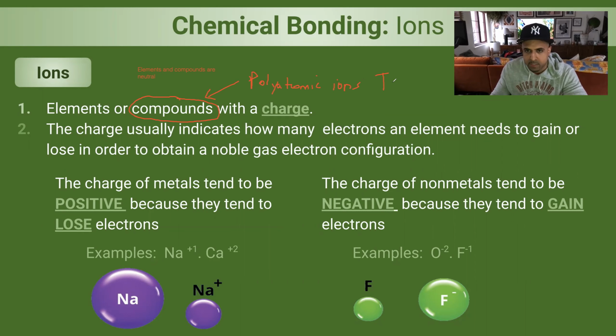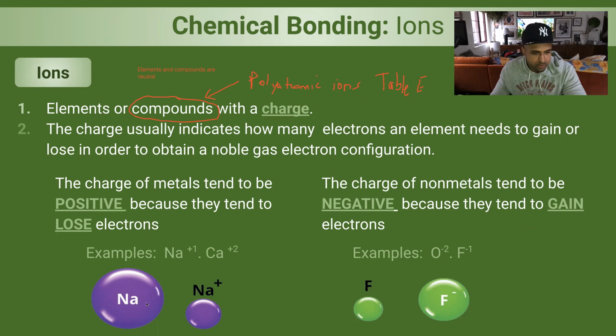You don't have to memorize them for high school because they list them all for you on Table E. What's hydroxide? What's hydronium? What's nitrate, nitrite? All those ions are listed for you.